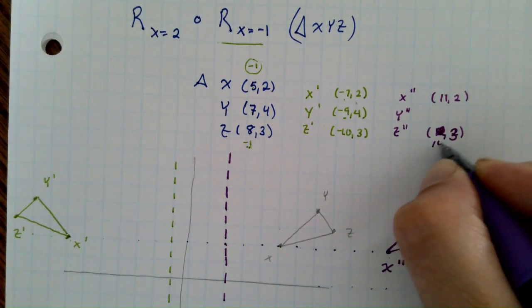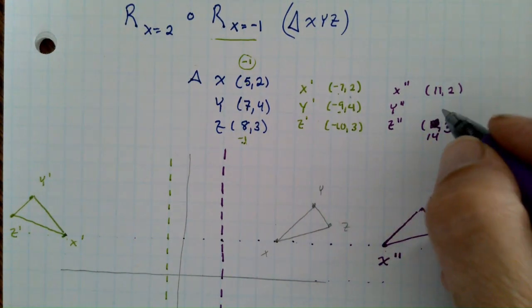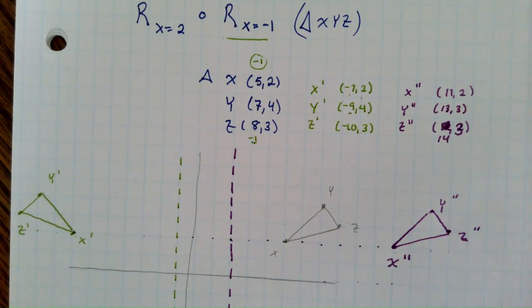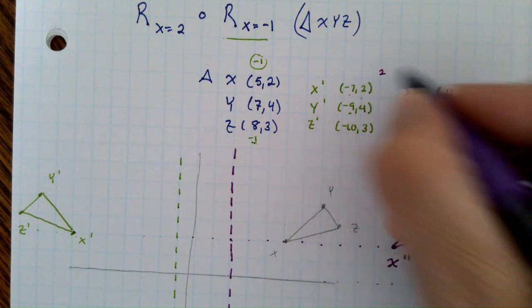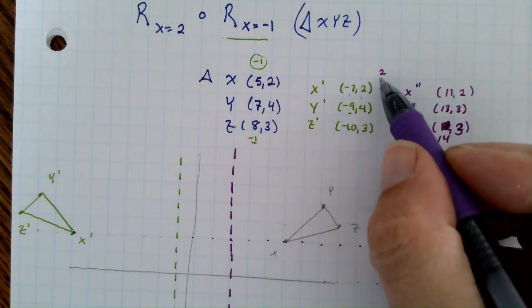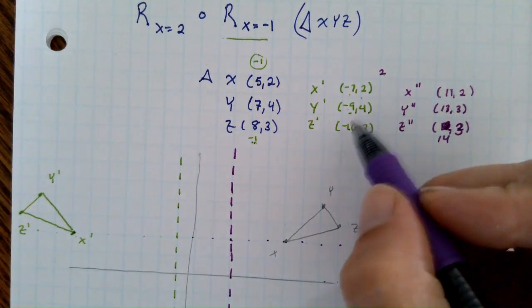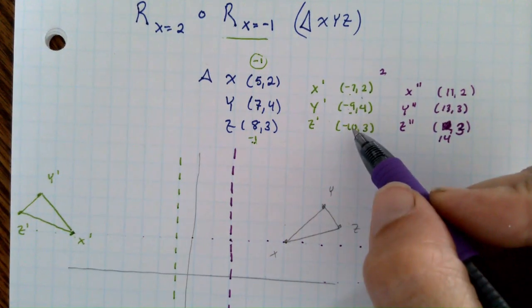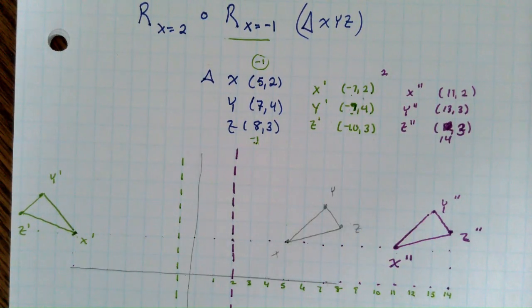Ooh. 14, 3, and this was at 13, 3. Okay, and this time it was over the line x equals 2. So -7 to 2 is 9 spaces, so add another 9. -9 to 2 is 11 spaces, add another 11. -2 to 2 is 12 spaces. It's 12, add another 12 is 14.